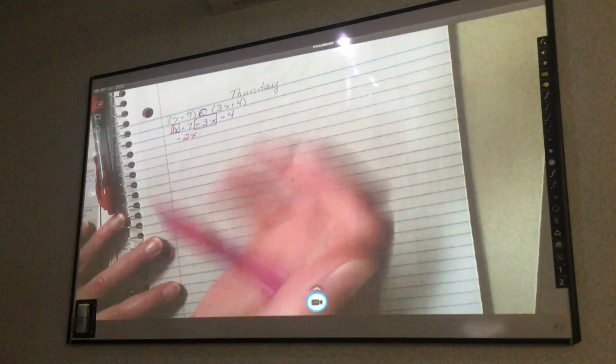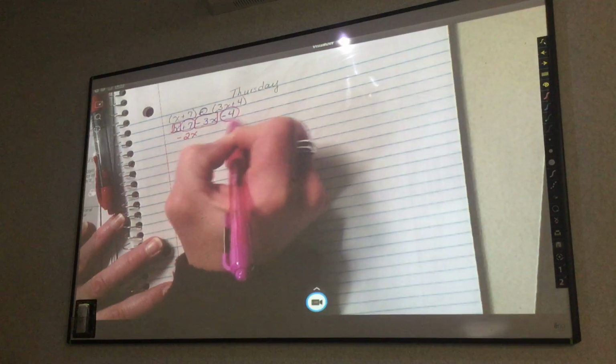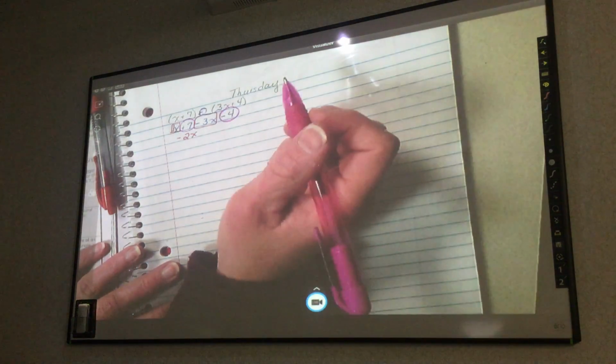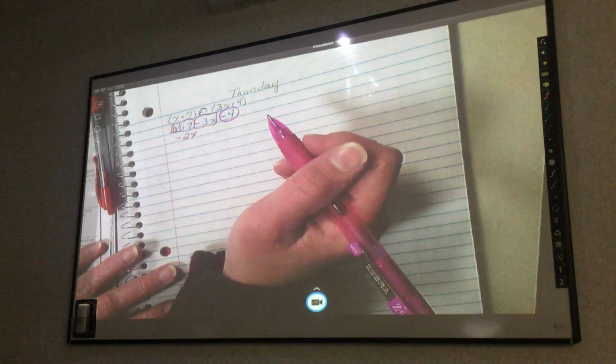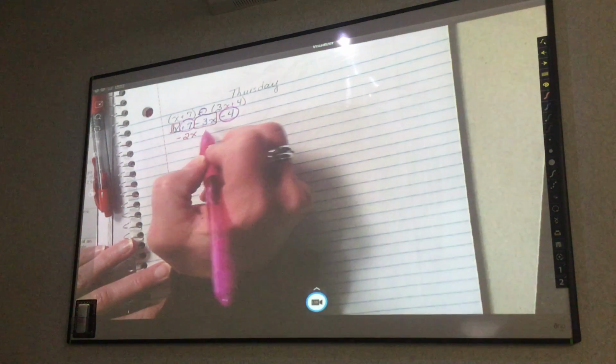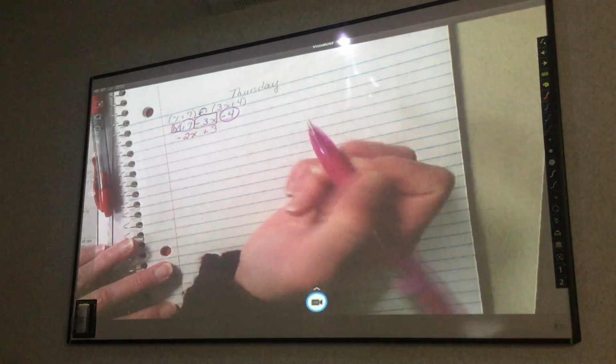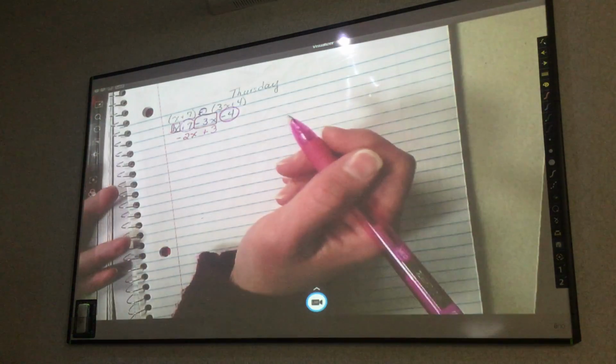Then I have my positive 7 and negative 4. Combining those together, you subtract. So a positive 7 minus 4 would be positive 3.